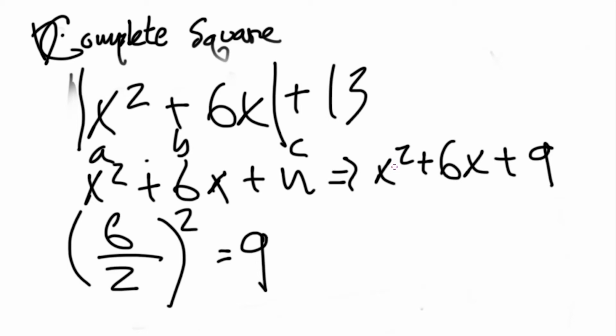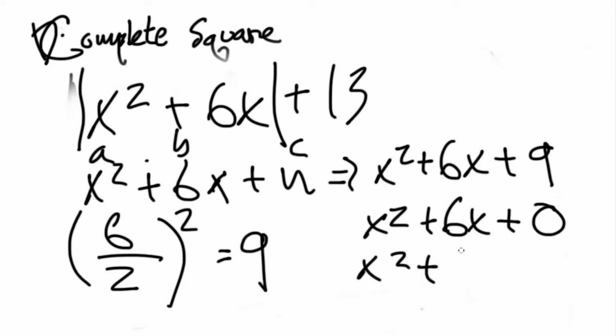But in order to complete the square, we have to make sure that the value of the expression stays the exact same, right? We can't just add on a 9 out of nowhere without compensating for it. This is a perfectly valid expression. It does not change the value of the expression. This is also a perfectly valid expression.